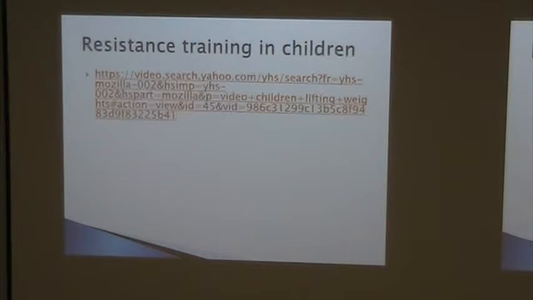Okay, what else? Yeah. They all had good form. And that was one of the things that their coach talked about. One of the benefits of doing weight training with children is that they learn to do it correctly early.